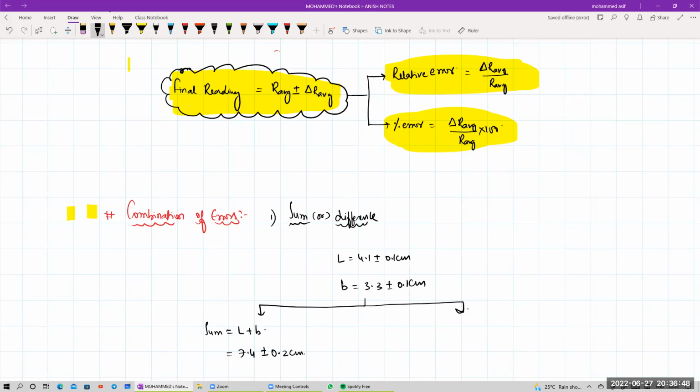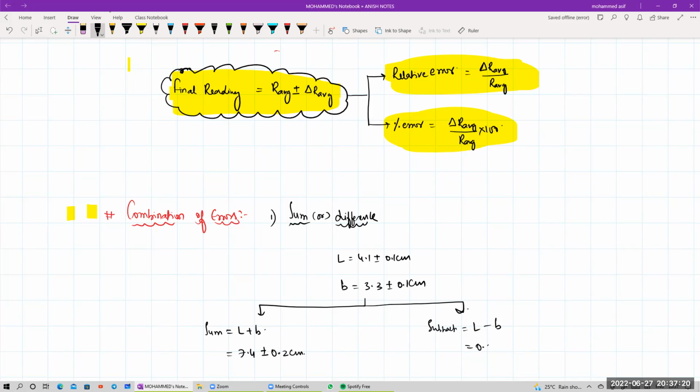In the same way for subtraction, L minus B. L is 4.1, minus 3.3, that is 0.8.